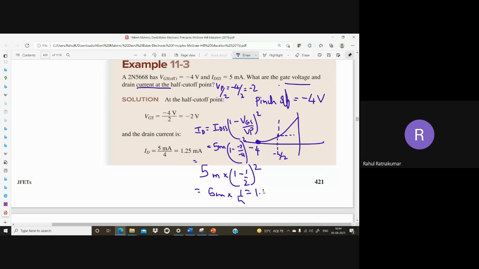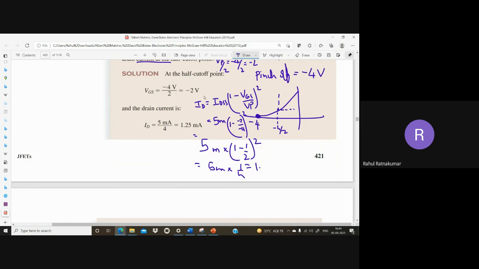So it's nothing but 1.25 milliampere. Okay, it's direct, nothing but a direct answer.